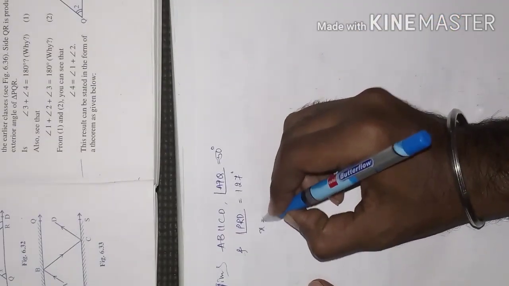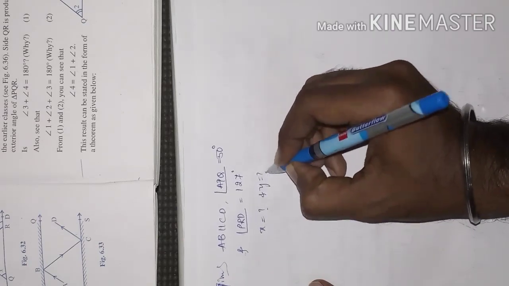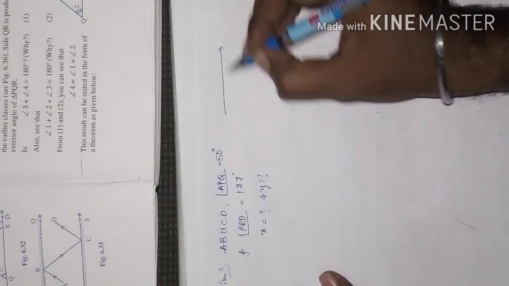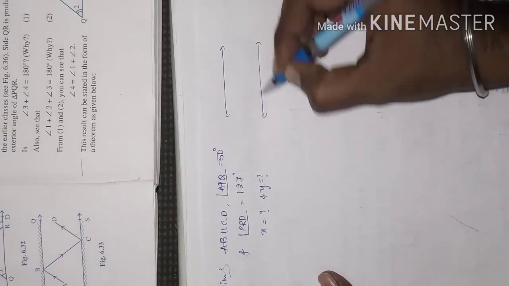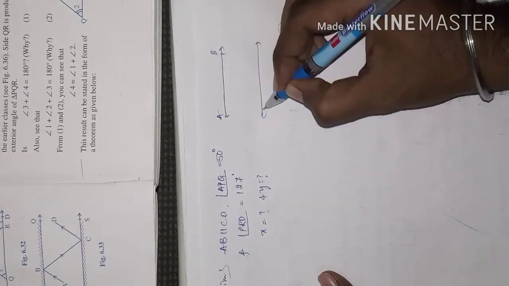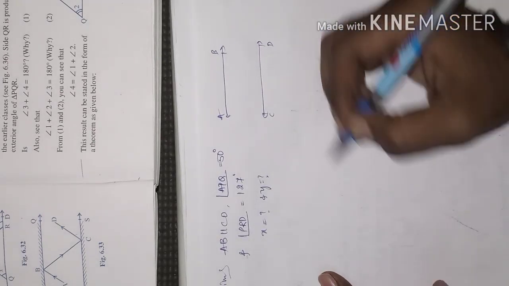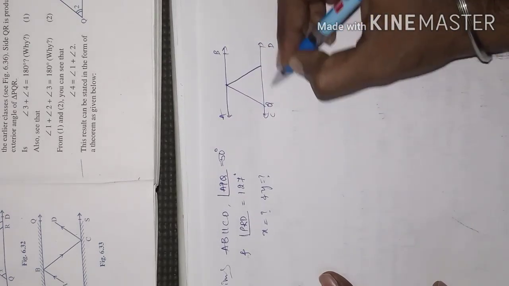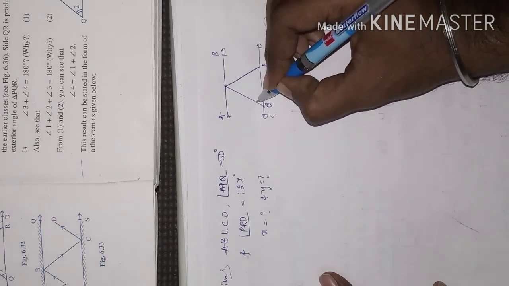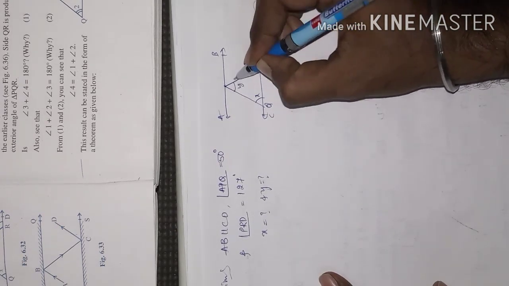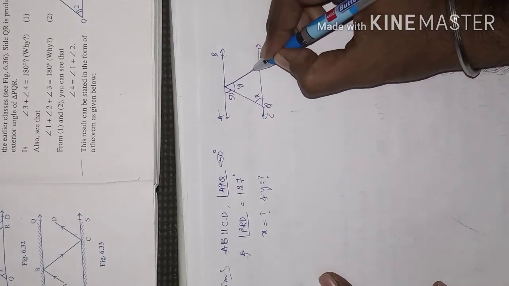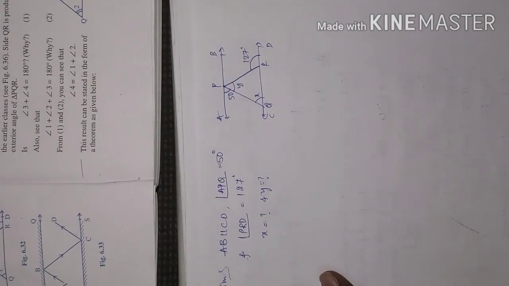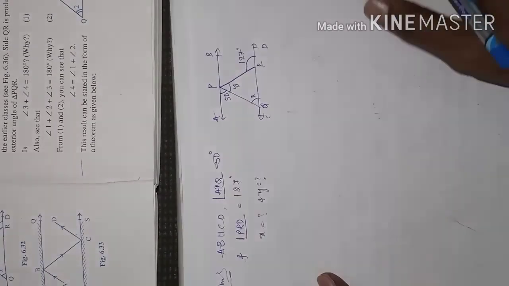They are asking us to find X and Y. Let me draw the diagram here. AB is parallel to CD, and there is a point P. PQ is a ray and PR is also a ray. Over it is X and this is Y, this much angle is 50 degrees and angle PRD is equal to 127 degrees. So this is the given part.